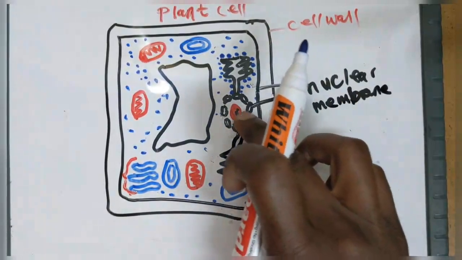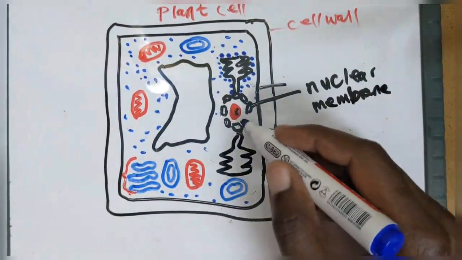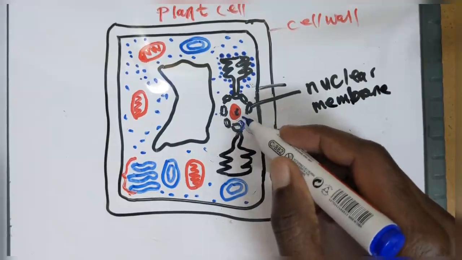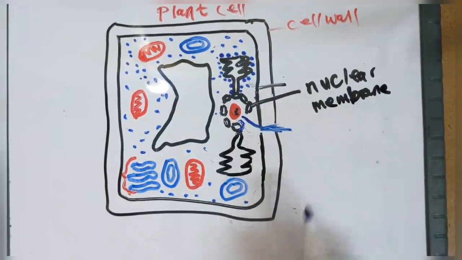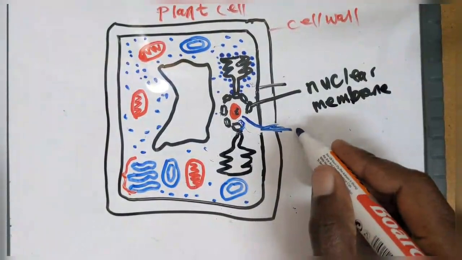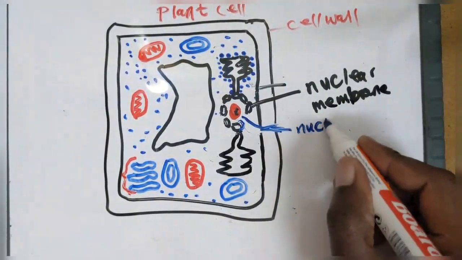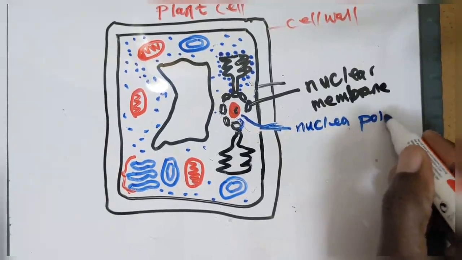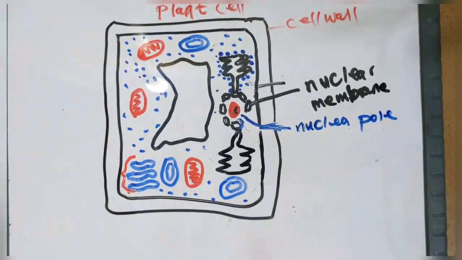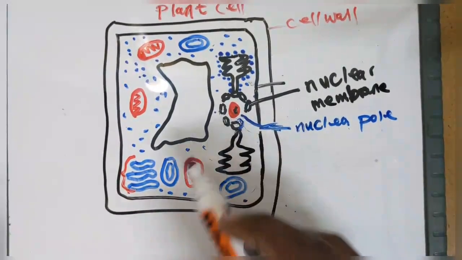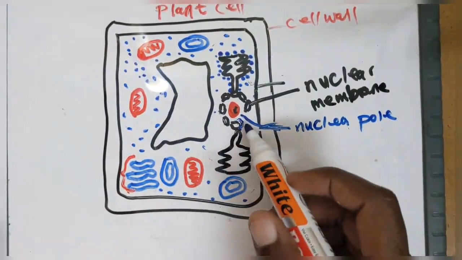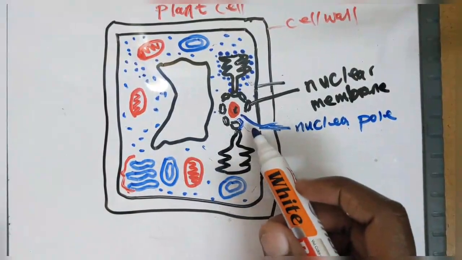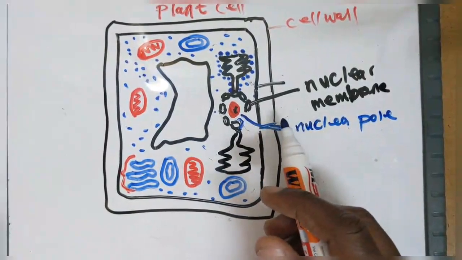It is called the nuclear pore. That is what it is. This part you might be told to name. So it is the nuclear pore of the nucleus, okay.